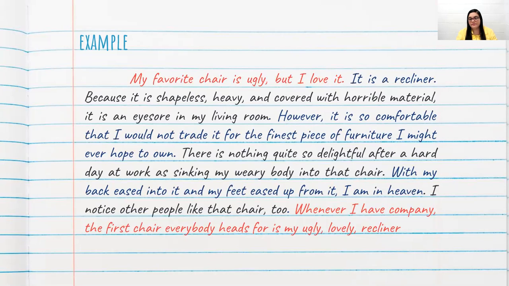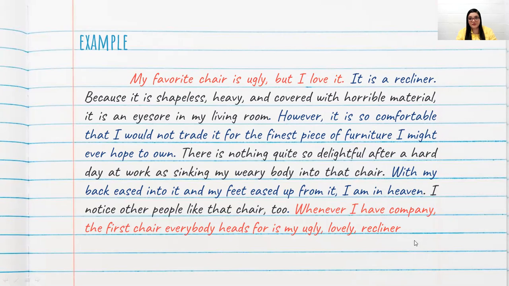And you see here the sentences in blue suggest the description or the backup to the topic sentence. And what is in red is first the topic sentence, and at the bottom, the concluding sentence.